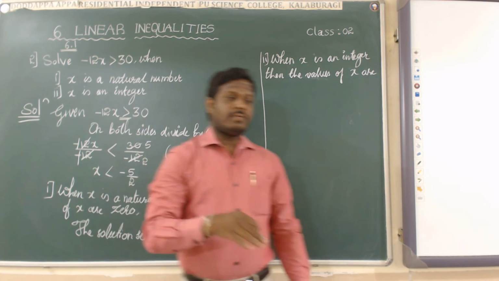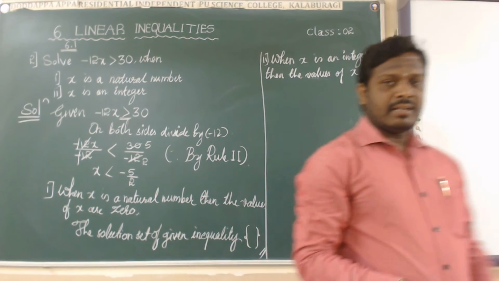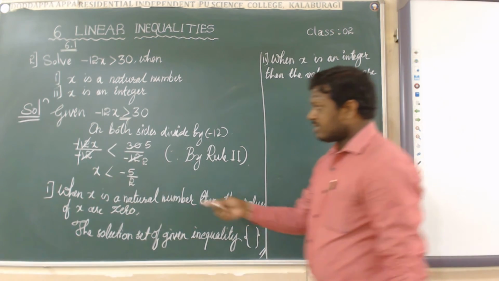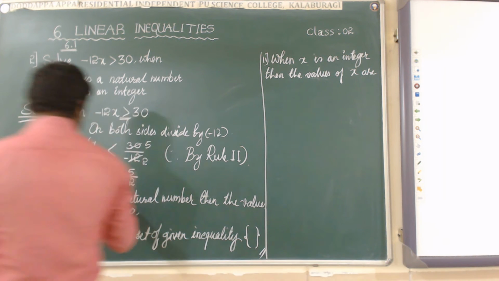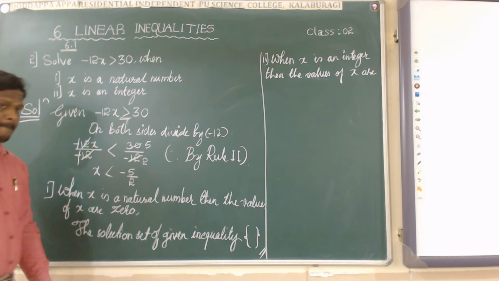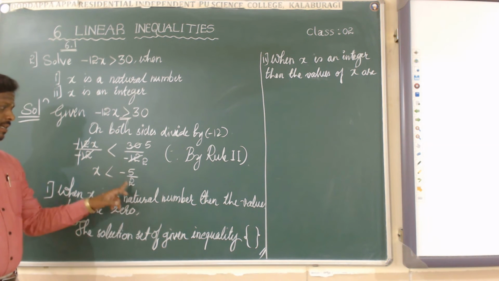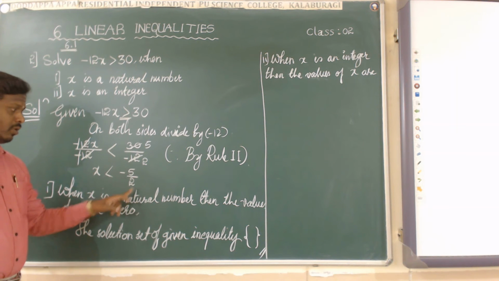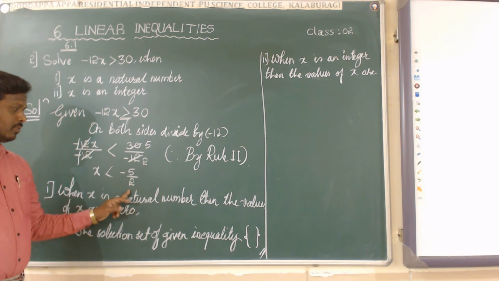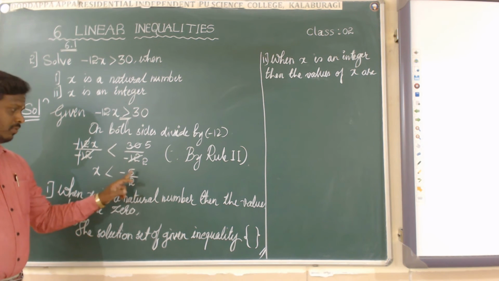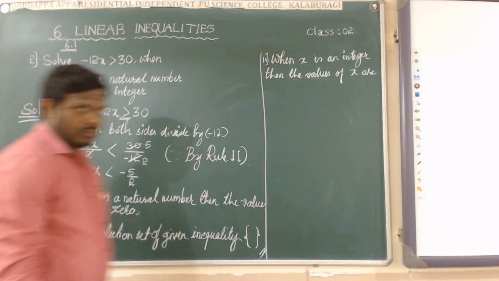Integer. Which type of numbers can we see in the integers? See the statement. The value of x is less than minus 5 by 2. When you simplify this, you will be getting minus 2.5.